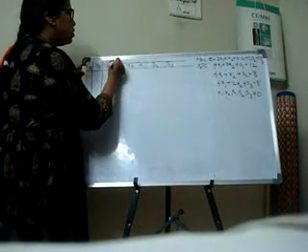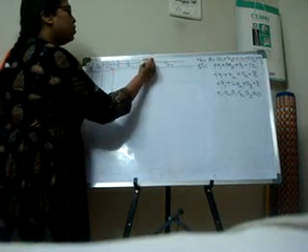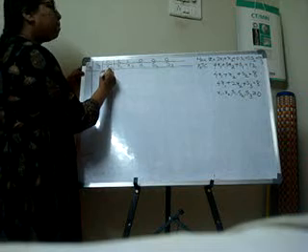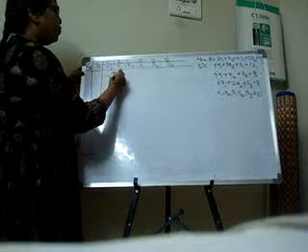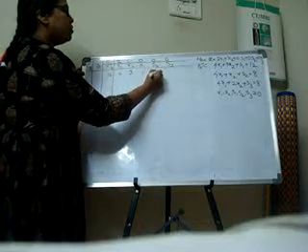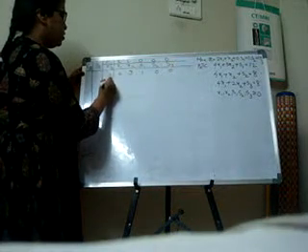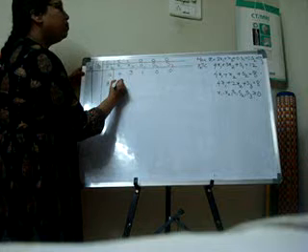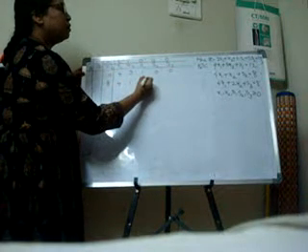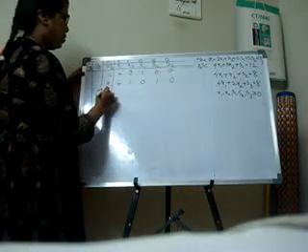So what are the costs? 2, 1, 0, 0, 0. First row is 12, 4, 3, 1, 0, 0. Then 8, 4, 1, 0, 1, 0.